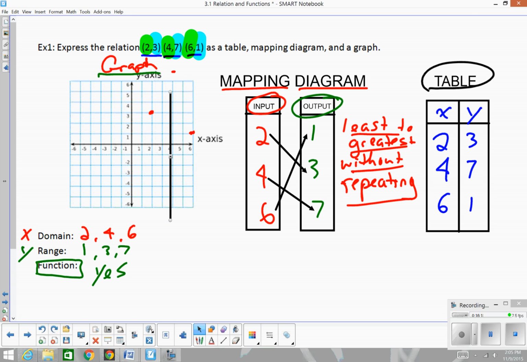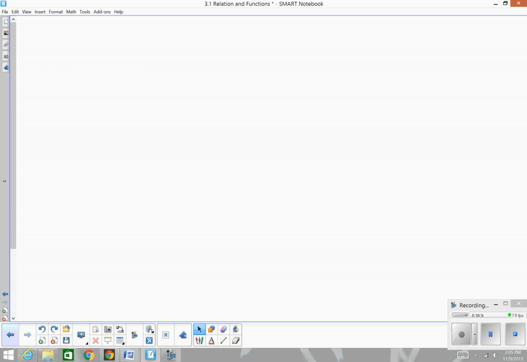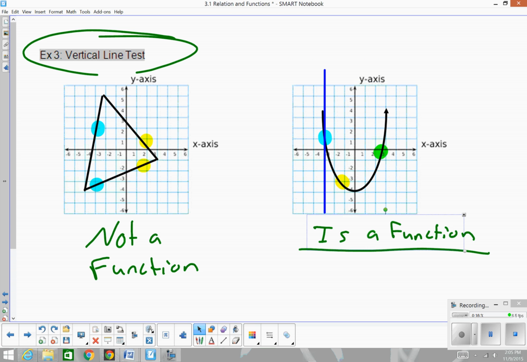Now, big thing, okay, big thing, if I just illustrate points, I'm not connecting them. They're isolated points, so don't connect these points, but only at once do they only touch my vertical line. So then, yes, it is a function. Awesome. Okay, so we showed you how the vertical line test, and we showed you how to do it by a mapping diagram, by a graph, and by a table.